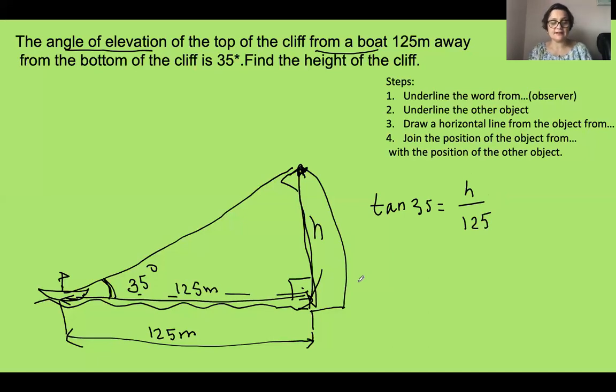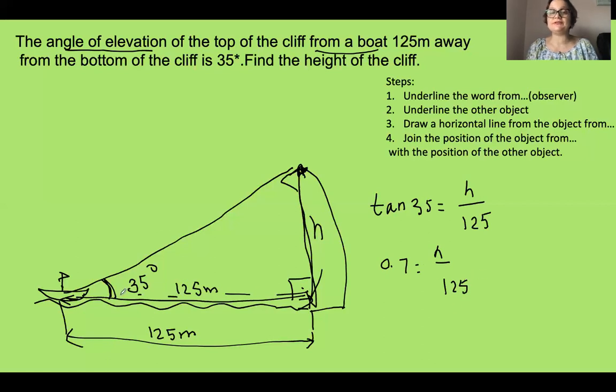Now to find tangent 35 you are going to need a calculator, so press tan 35 equals, and the answer is roughly 0.7. So 0.7 equals h over 125.